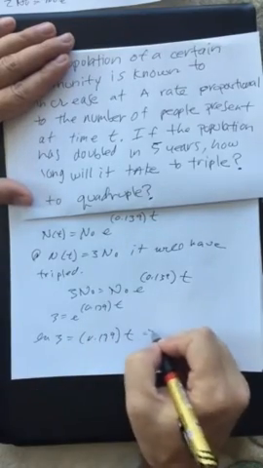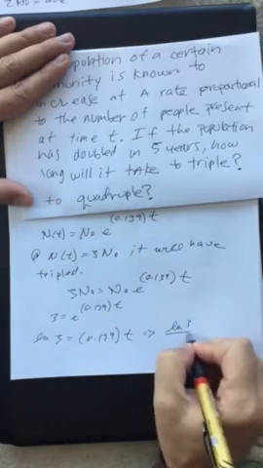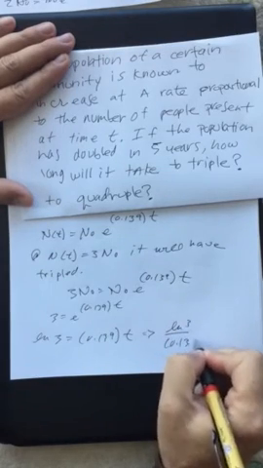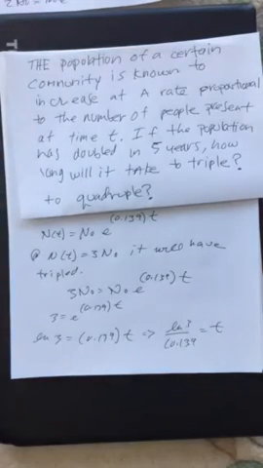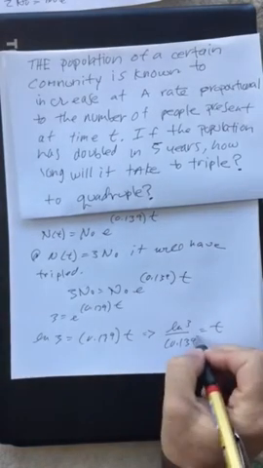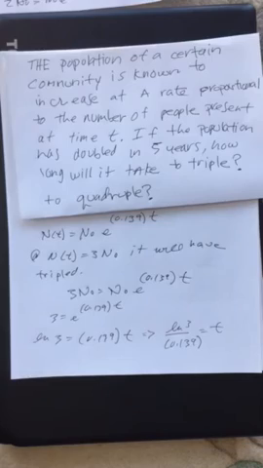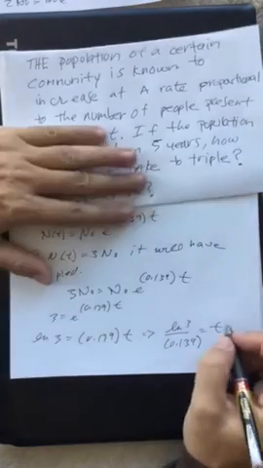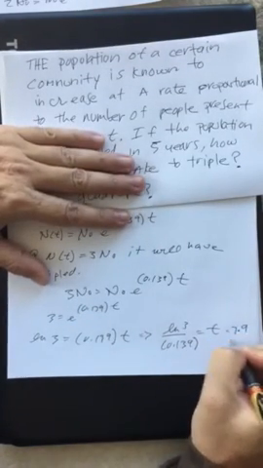So log 3 over 0.139 equals t. Log 3 divided by 0.139 equals 7.9.